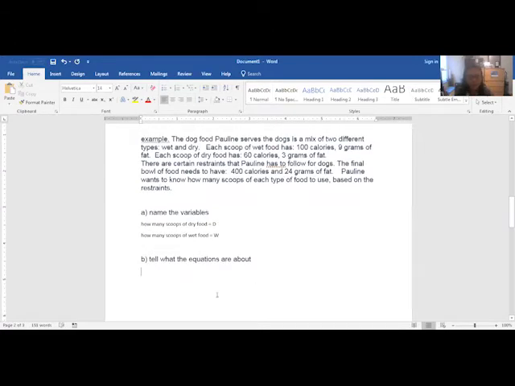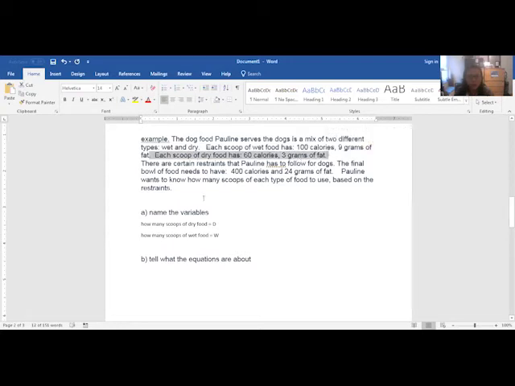Part B asks us to tell what the equations are about. We're going to read through our problem and see what these equations seem to be about. This sentence here says each scoop of wet food has 100 calories and 9 grams of fat. So that's relating our wet food to calories and fat. The next sentence says each scoop of dry food has 60 calories, 3 grams of fat.